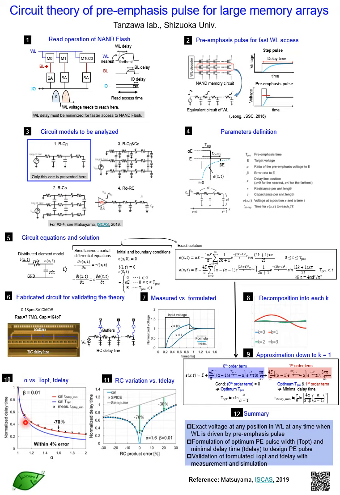You may think you don't have to have 1.6 for alpha. For example, if you apply a pre-emphasis pulse with alpha of 1.3, you will have a 60% delay time reduction.